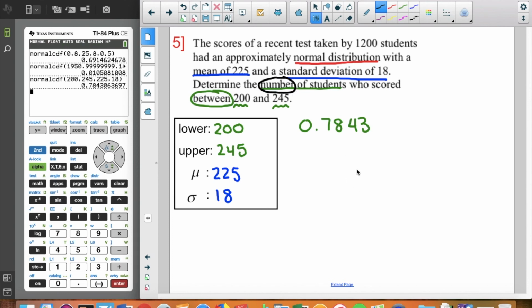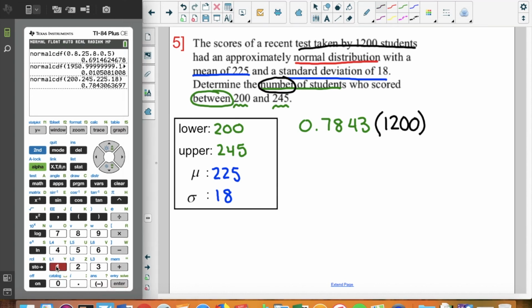To find the number of students that scored between the values, we have to take our percent, so it's not in a percent yet because we can't do operations with percents, and we have to multiply it by the number of students who took the test. So here was our percent. We have to multiply it by 1,200 because 1,200 students took the test.